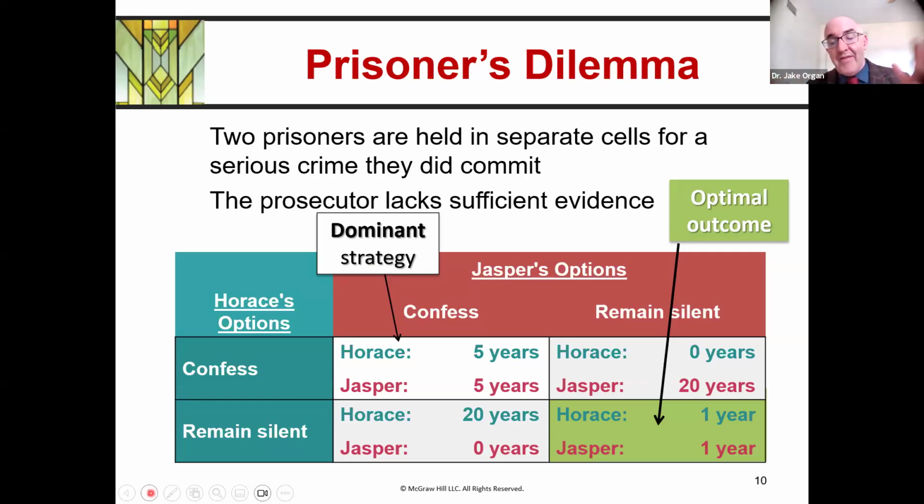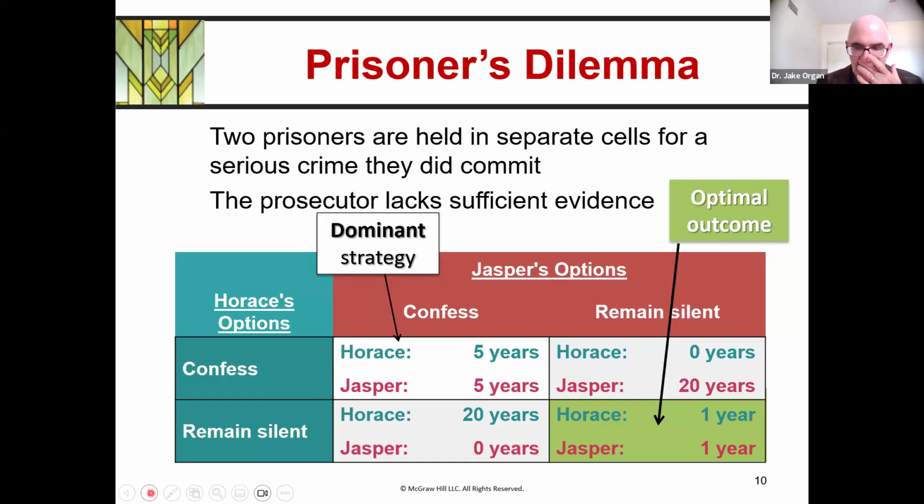That's why you have the mafia law of silence, and where I come from, South London, they say never say anything to the police, and this is something that's deeply embedded in criminal culture, and that's the only way to break the prisoner's dilemma.